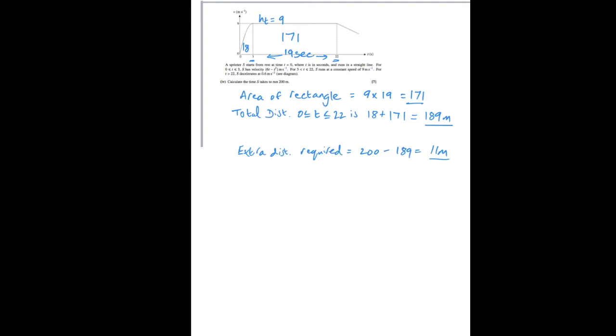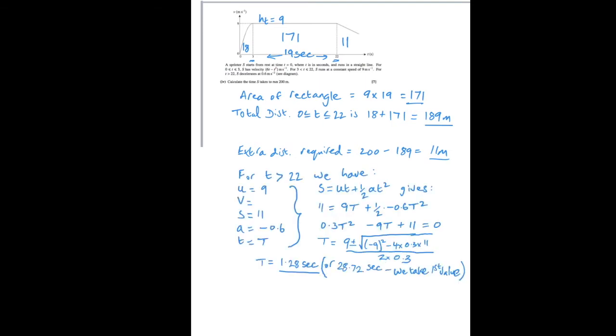To have a total distance covered of 200 meters, we require an additional 11 meters to be the distance covered represented by the third section of the graph. The section of the graph beyond t equals 22 seconds represents constant acceleration, and so can be solved using the SUVAT equations.